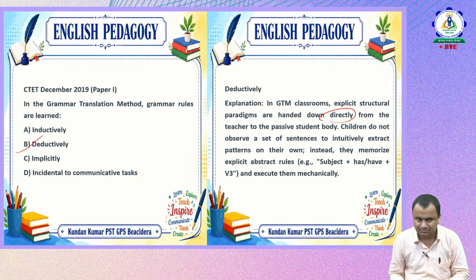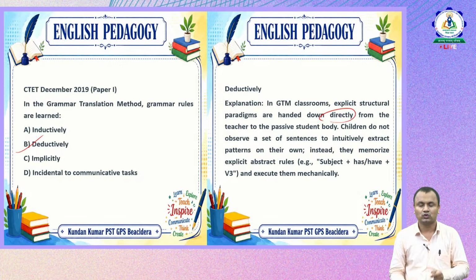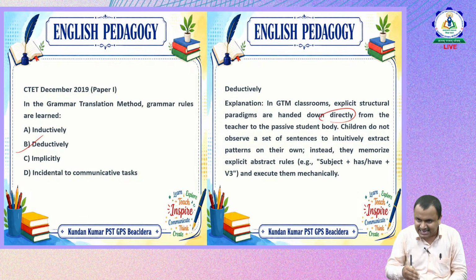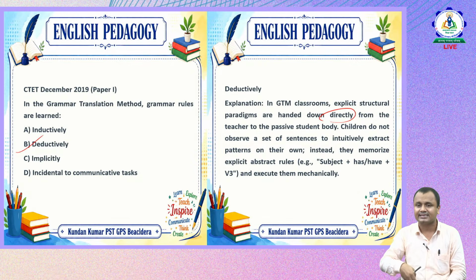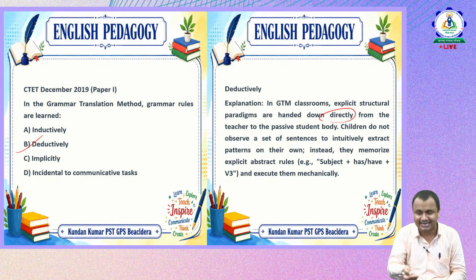I repeat, while teaching through GTM, we focus on the deductive method. When we say we focus on the deductive method, it means we provide the student the rules and then examples, and then ask the student to mug up the rules and the examples and execute that in the translation.